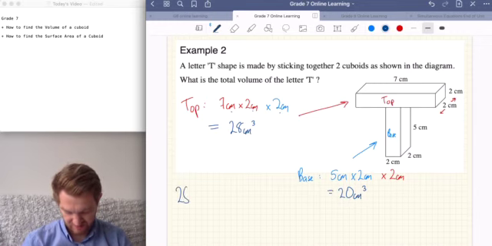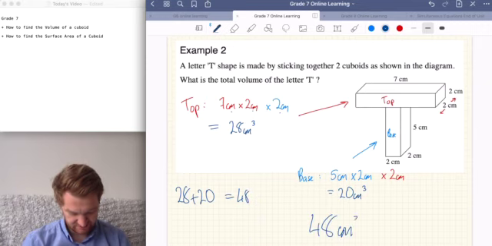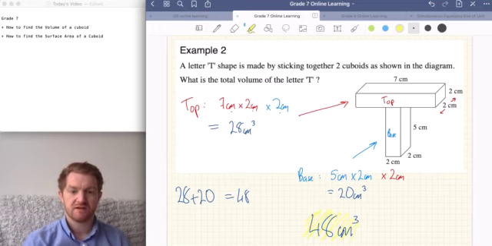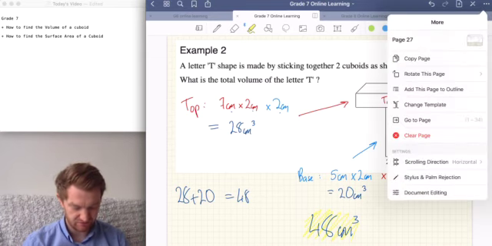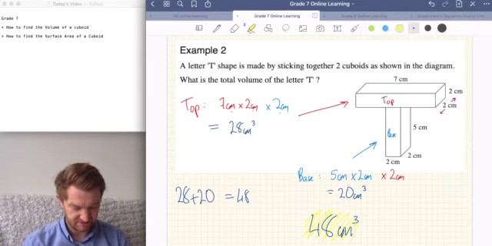And then to work out the whole thing, 28 plus 20 is 48. So the whole thing is 48 centimeters cubed. So one way we can do it is we can work out each individual part and add them together. I'm just going to show you another way to think about this.